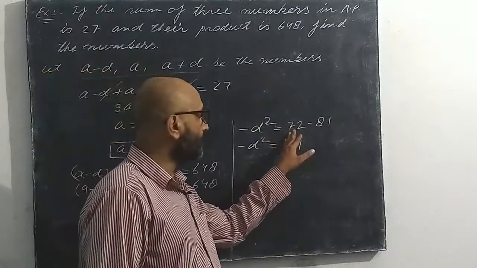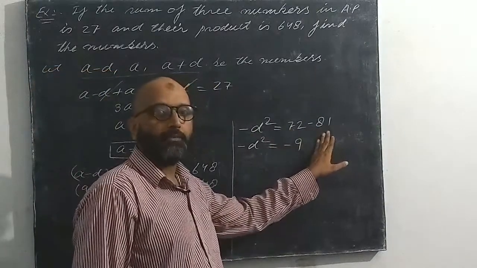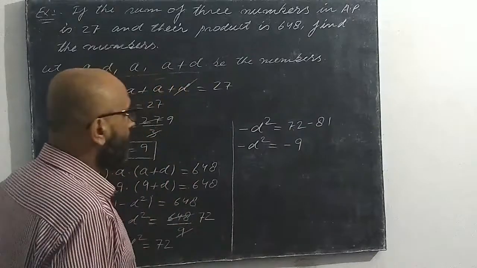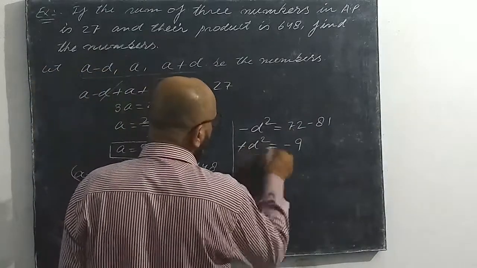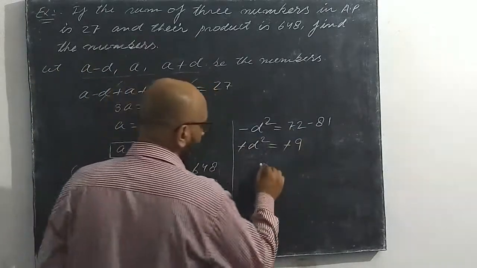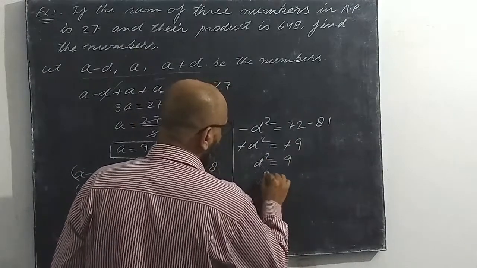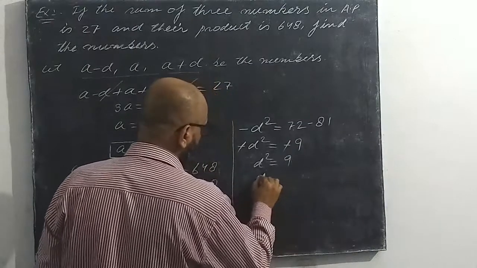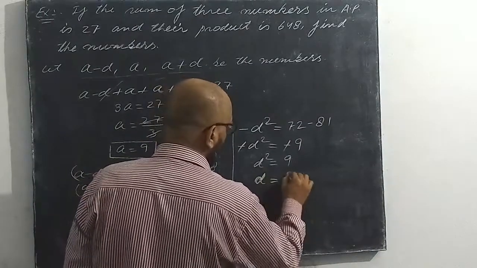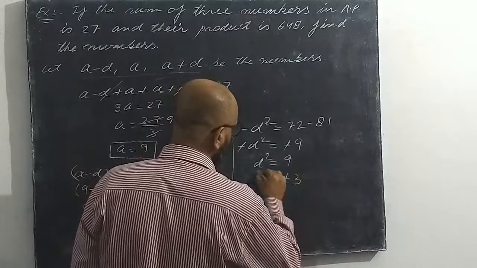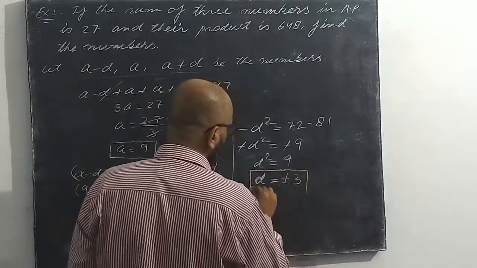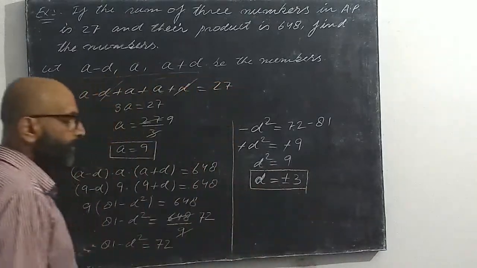So if we cancel 72 positives from 81 negatives, only 9 negatives are left. So these two minus signs are cancelled from both the sides. We have d square is equal to 9 and d is equal to plus minus 3. If we take the square root, we get d is equal to plus minus 3.